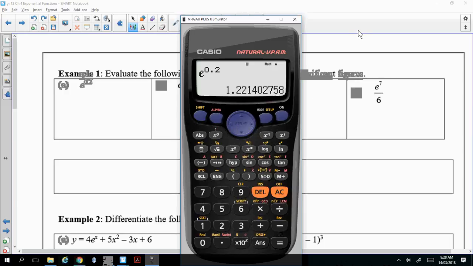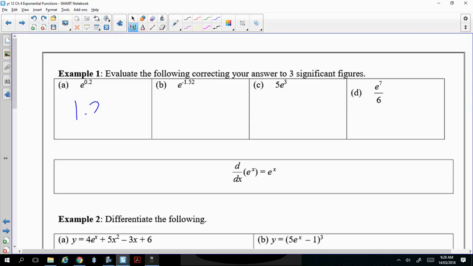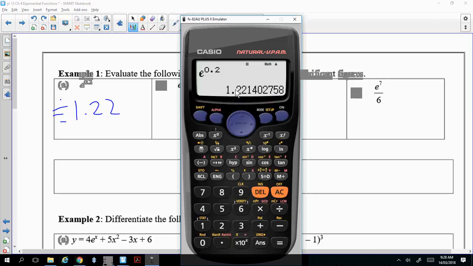On the other hand, if you press the alpha one, you have to press 1 extra button. If I press alpha e like that, you have to press the power before you enter 0.2. So you may prefer the second approach. All right, we'll try the next one.